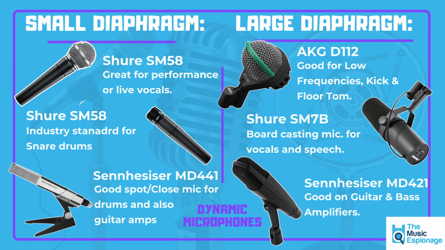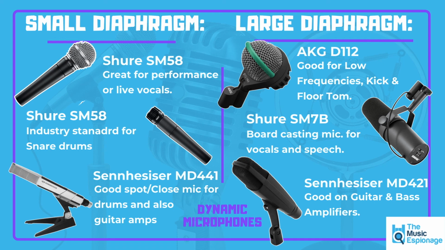Large diaphragm dynamic microphones. This is the large diaphragm. So these are typically a lot better for lower frequencies, kicks and floor toms, anything like that. You've got the classic AKG D112. That is a floor tom microphone, kick drum microphone. You'll find it in nearly any studio around the world. You've got a broadcasting microphone often used for vocals, interviews, and that's the Shure SM7B.